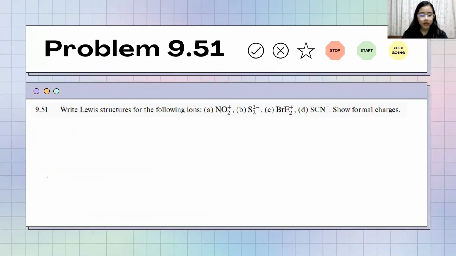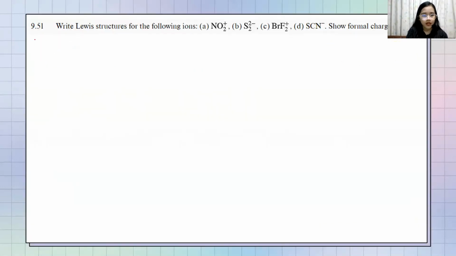For the last problem, we have 9.51. Write Lewis structures for the following ions. First, we have letter A, NO2 plus, or we could say that this is nitronium ion. First, calculate the valence electrons.